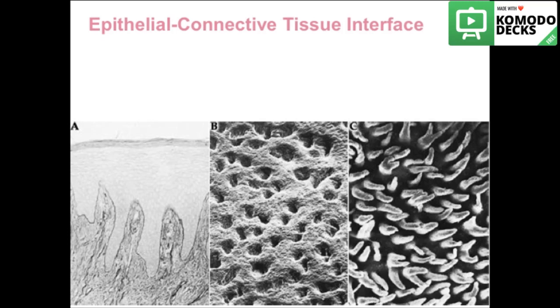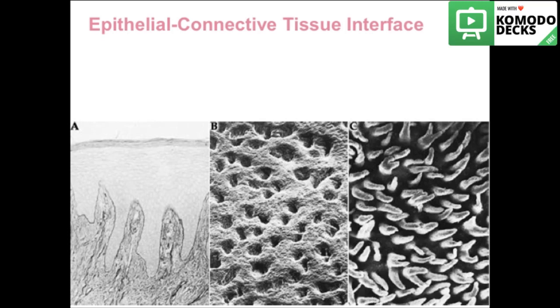Along with the hemidesmosomal connection in the basement membrane, what keeps the attachment of the oral epithelium to the lamina propria is the undulated or wavy surface of the interface.